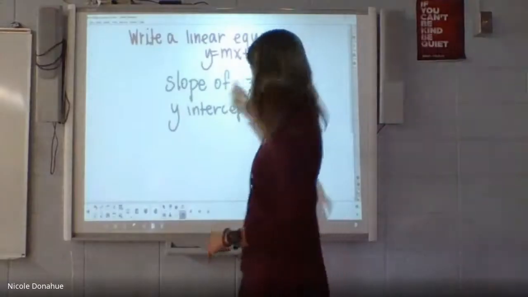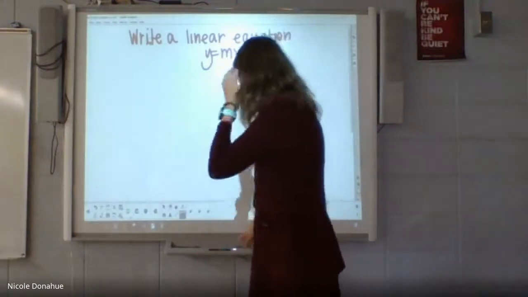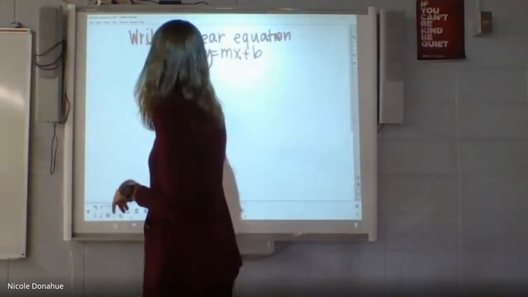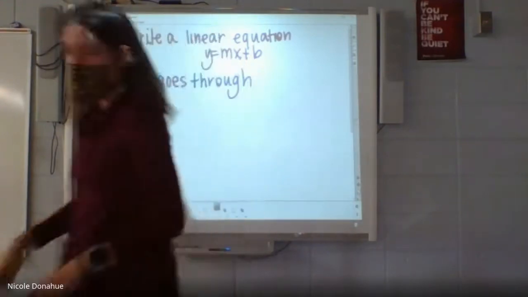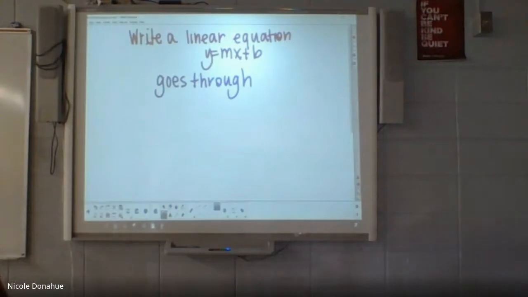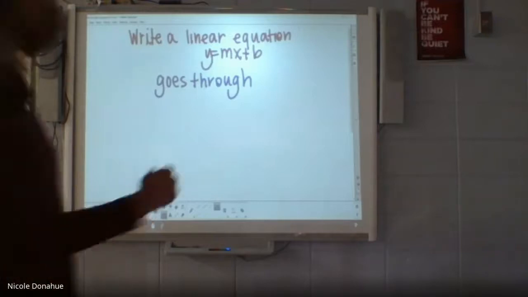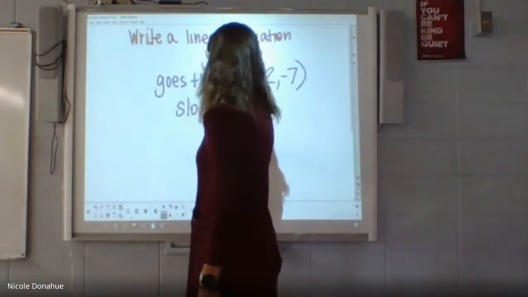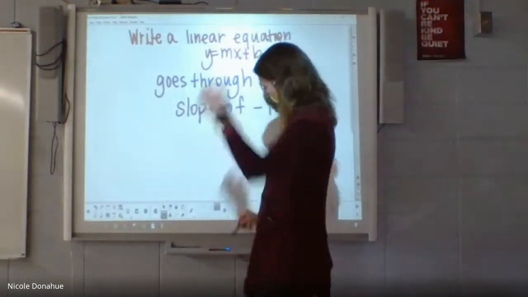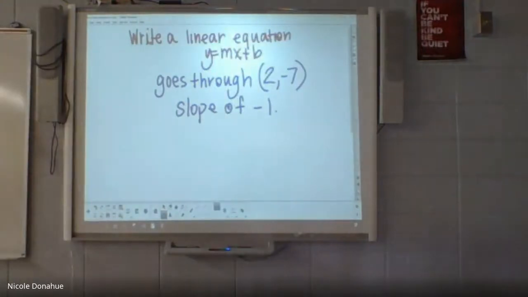Now I'm not going to give you both the slope and the y-intercept this time. It goes through (2, -7) and has a slope of -1.